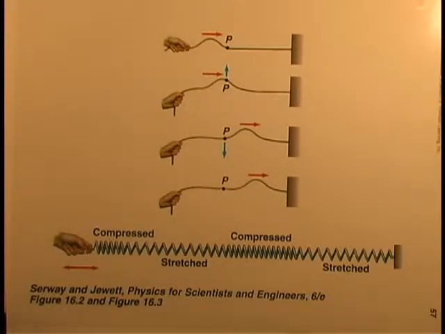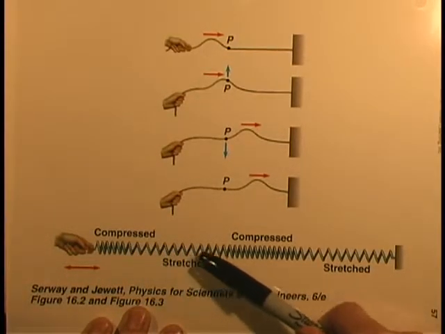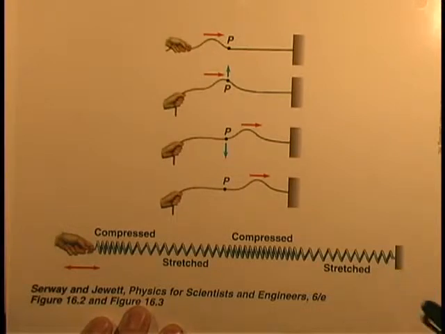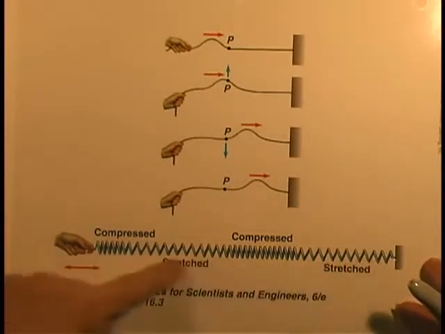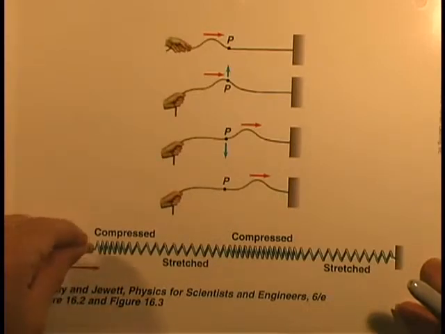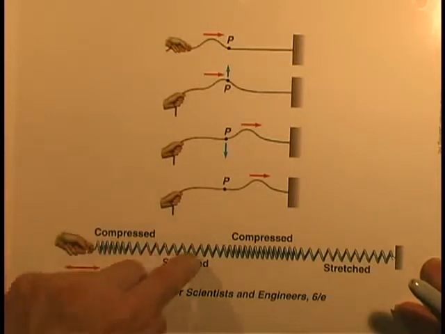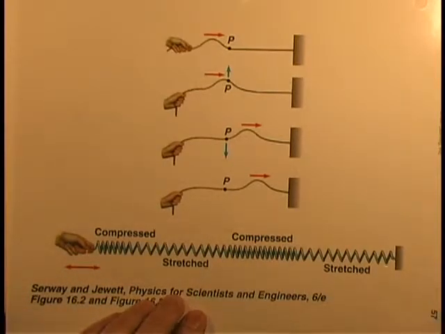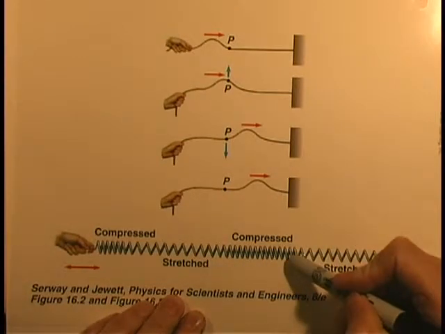Another type of wave is what's called a longitudinal wave, and an example would be a wave in a long spring. You have a spring in a horizontal direction. Now, you take this end of the spring and you pull it horizontally, and you go back and forth. In doing so, of course, you're going to send a wave down. Now, look at each ring, or each segment, in that spring.